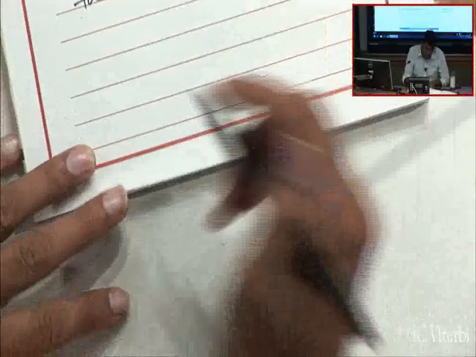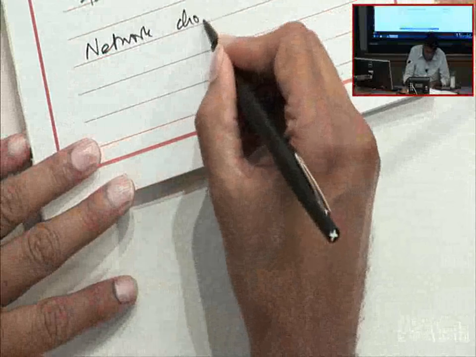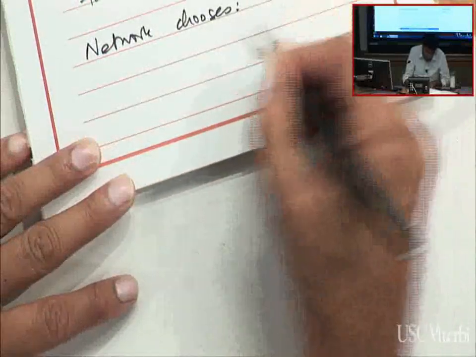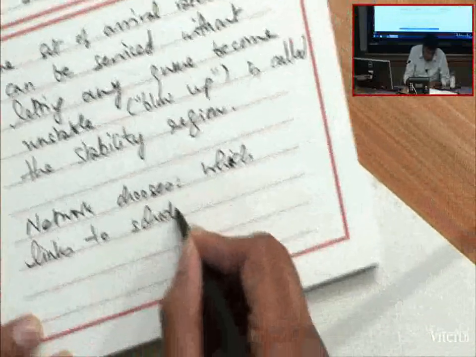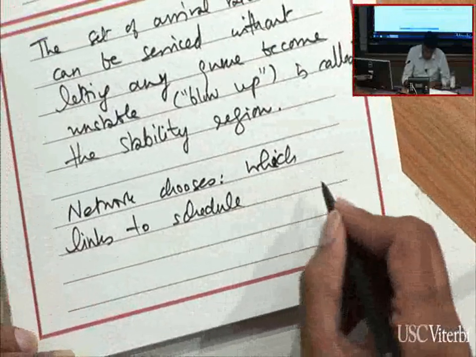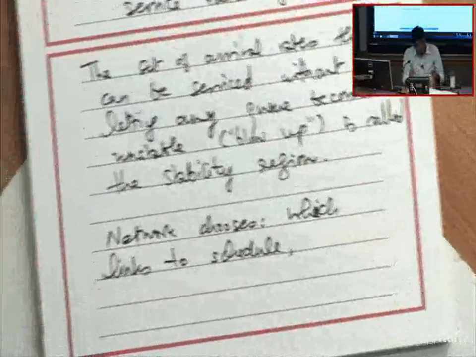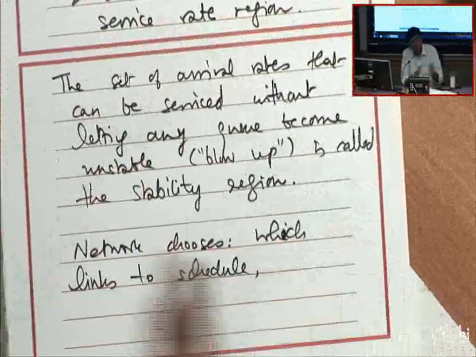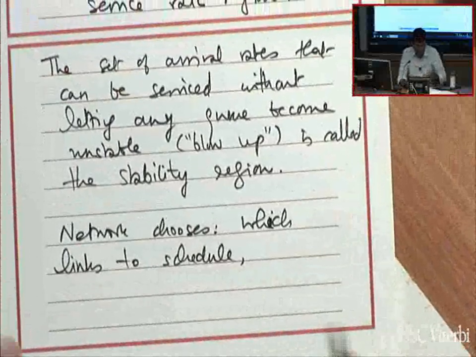So the network chooses which links to schedule, right? So in other words, if I have node I and node J, and I schedule this link between node I and J, it means that I'm going to move packets from the queues of node I to the queues of node J. I get to choose that, right?